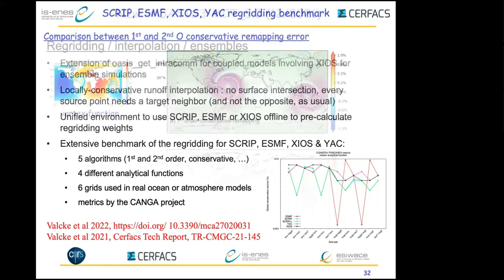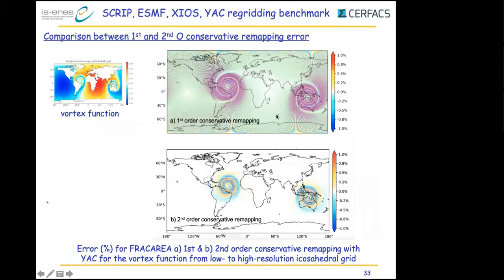This gives you just an illustration of the work we did. You have here, for example, the error. We defined this vortex function, which has 2 vortices, and you have here the error for the first order conservative mapping, and at the bottom for the second order conservative mapping.